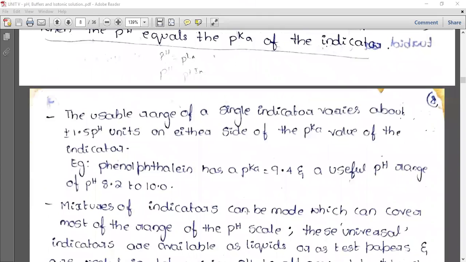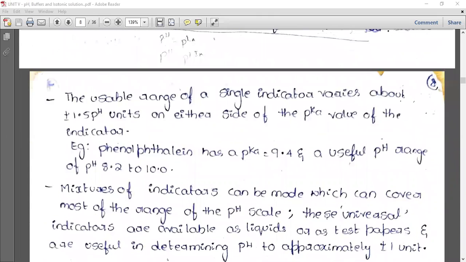So now, in general, whenever we say an indicator, the pH range of that particular indicator varies plus or minus 0.5 pH units. For example, the pKa value of phenolphthalein is 9.4.